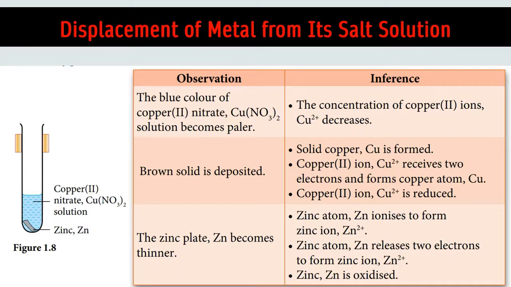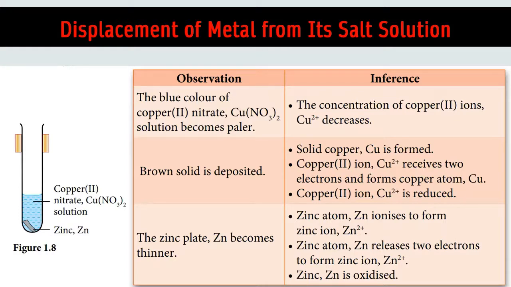The second observation that we can see is brown solid deposited at the bottom of the test tube. It is because solid copper is formed, or copper ions receive 2 electrons to form copper atom. We can also say copper II ion is reduced.